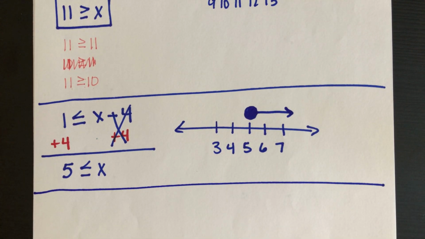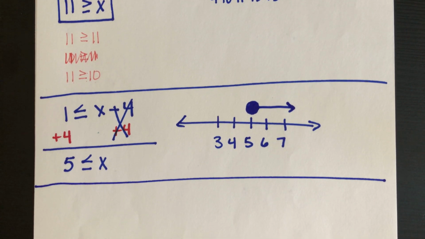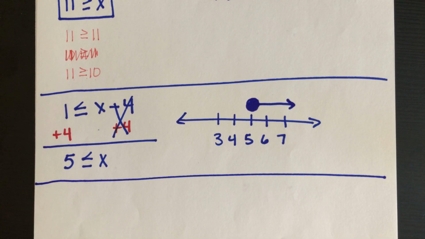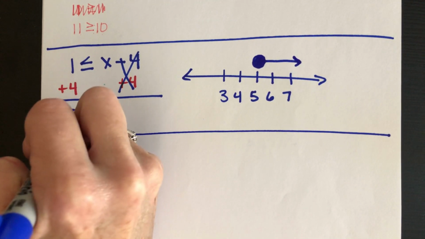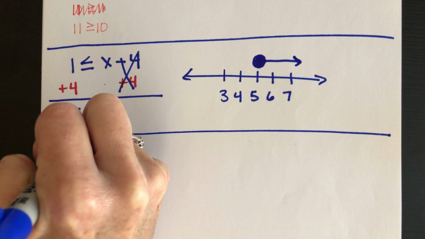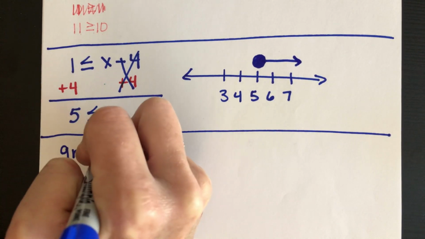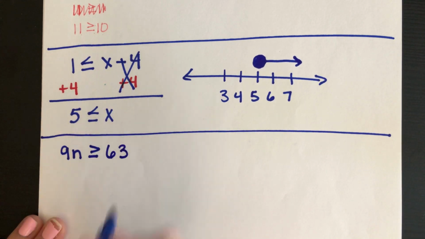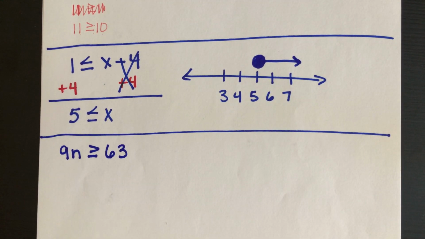But I also said we were going to be doing some multiplying and dividing. So I'll give you a couple examples for this. 9n is greater than or equal to 63. Well, just like solving equations, 9n is 9 times n. I want to get rid of the 9 to get the n by itself.